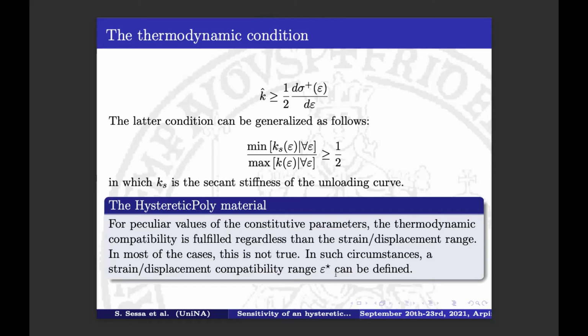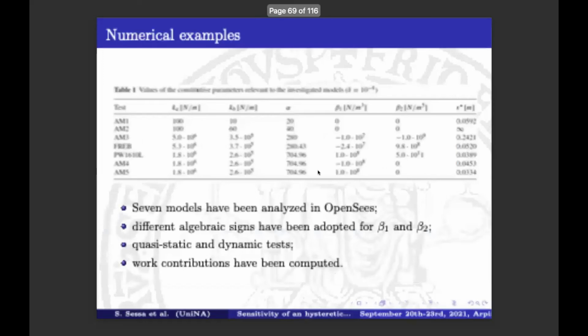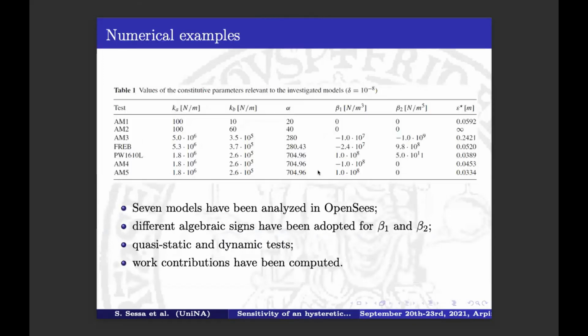We tested these conditions over 7 different constitutive models. Here we tried to switch the algebraic signs of these 2 parameters that affect the compatibility range. The compatibility range may often be computed in closed form depending on the combination of the signs.